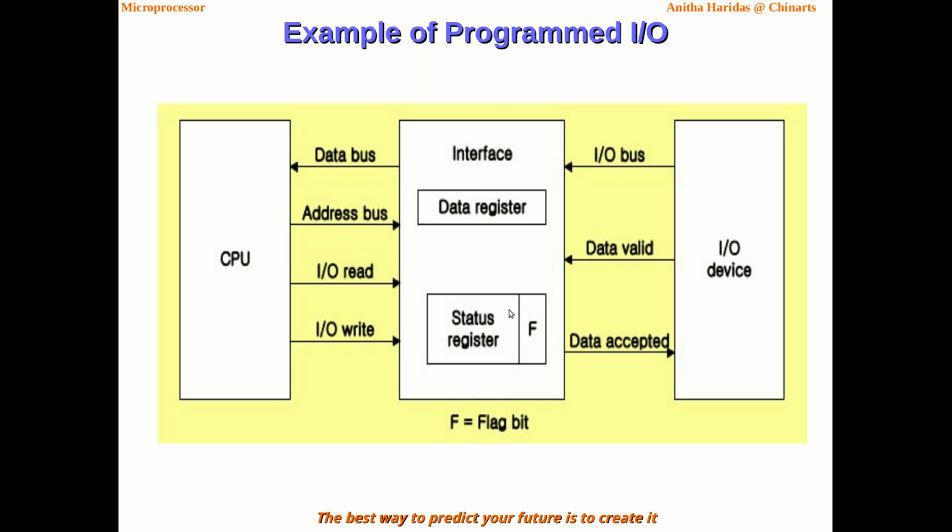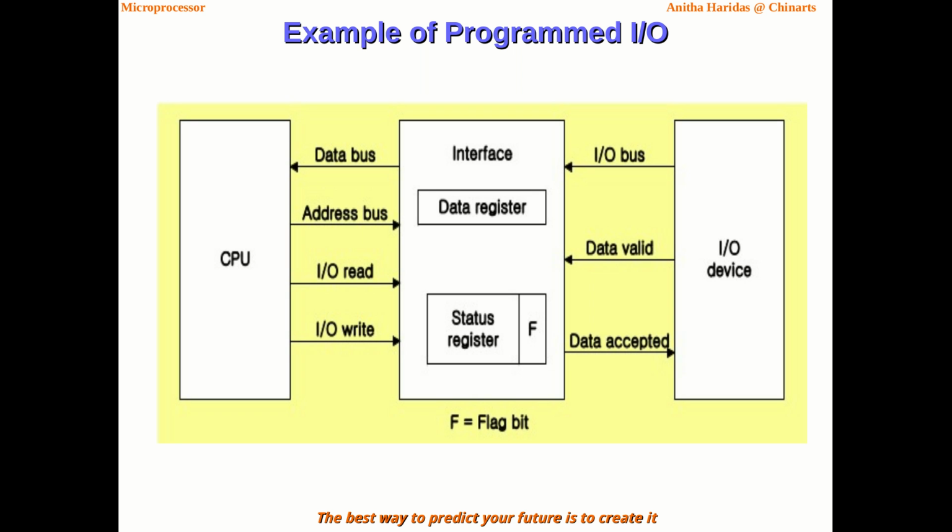Now what happens whenever there is an input command or output command coming from the CPU? It will be waiting for the interface to receive the data or to send the data. I repeat, whenever there is an input output command, the CPU will wait for the interface to receive the data. When will the interface receive? If it is going to be an input operation.